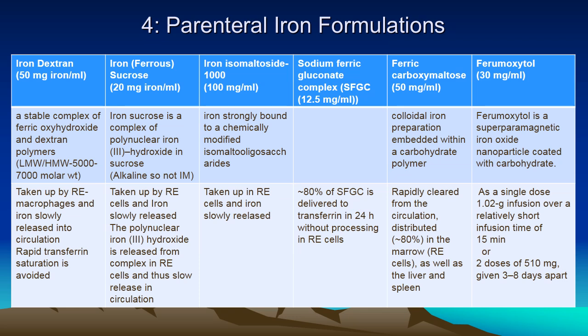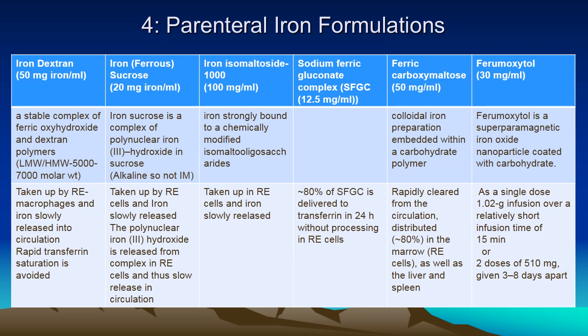Iron sucrose is a complex of polynuclear iron hydroxide in sucrose and alkaline, so it is not given intramuscularly. Iron isomaltoside 1000 is chemically modified isomaltoside, that is oligosaccharide, where iron is there in the central core.